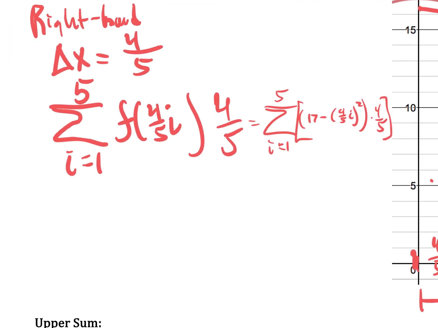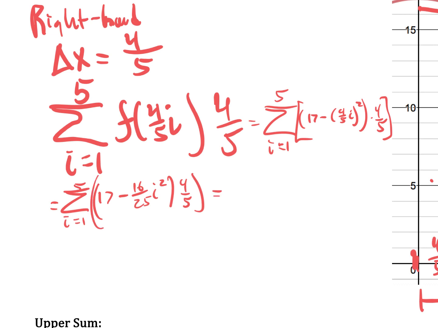Well, let's clean that up a little bit here, and this is equal to the sum of i equals 1 to 5 of 17 minus 16/25 i squared times 4/5.